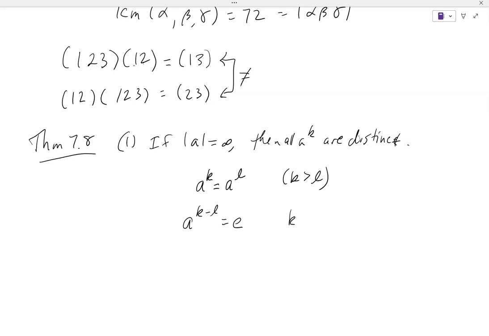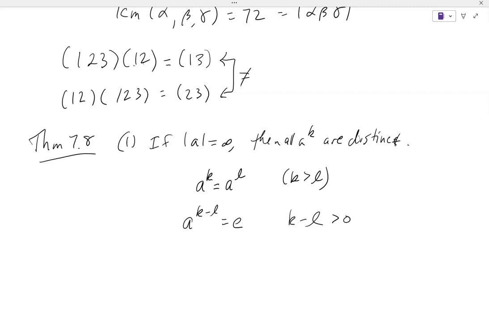If K is bigger than L, then what can I definitely say about A to the K minus L? It's positive, right? Agreed? Okay. So if I have two distinct powers of A that give me the same thing, then I can raise A to a positive power and get the identity.